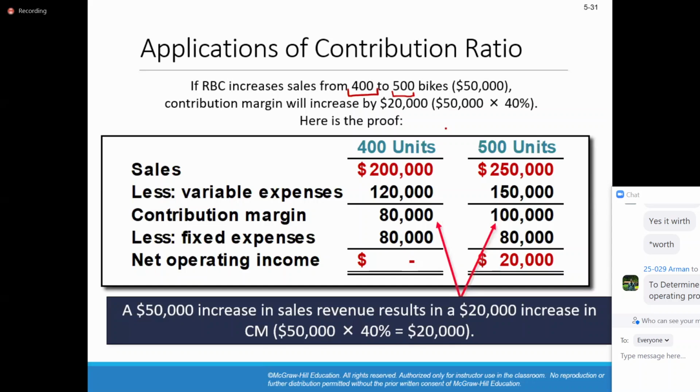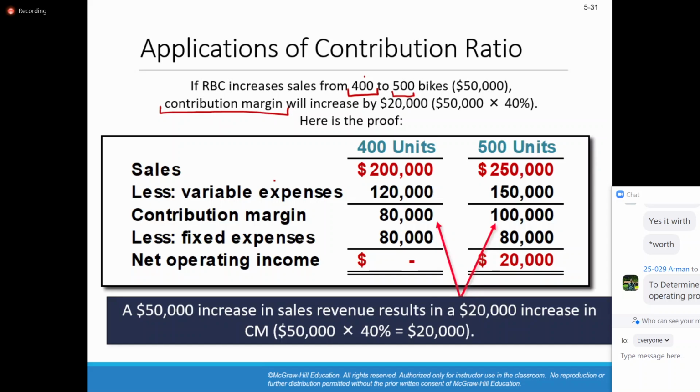So what will be the response of contribution margin to the change in sales units from 400 to 500? So this is our new case, what will happen if our sales units increase to 500 from 400 units. Okay.